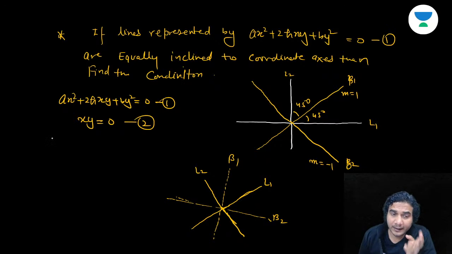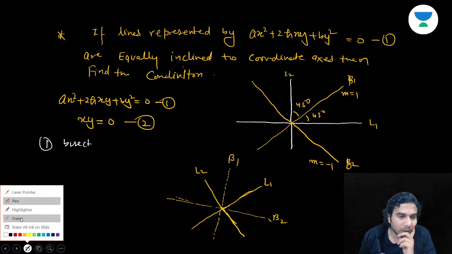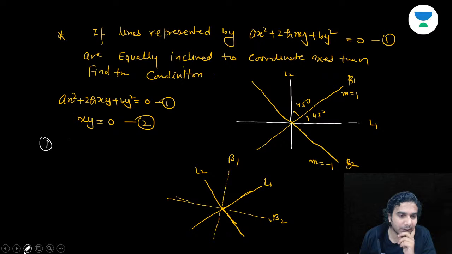It is given that the lines given by 1 bisect... wait 1 minute, let me write it properly.